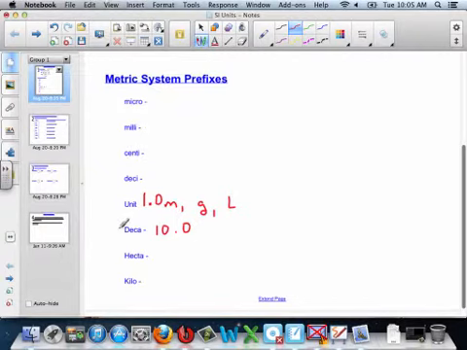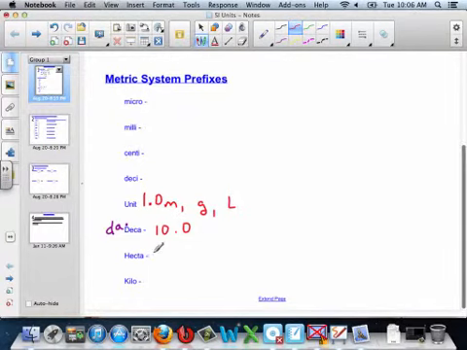We represent deca with a D, A, period. Hecta is basically 10 decas, which gives us how much?